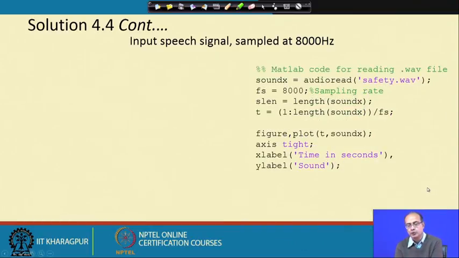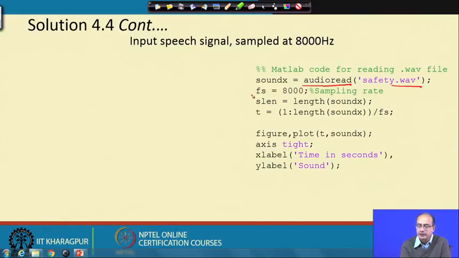Because it is a WAV file, not a DAT file, we use a different command, audioread, not the load command as we did in the previous case. This is given in the MATLAB code, so we need not worry much about this.